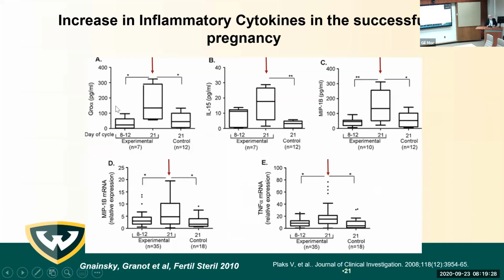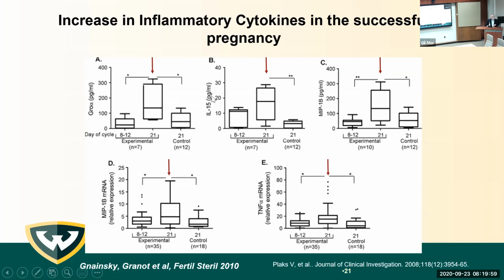And I'll give you additional information because of time. The arrows are showing you those patients who later got pregnant. So you can see that if there was a first biopsy, then in the second biopsy the characteristic of those tissues is the expression of high levels of pro-inflammatory cytokines, including growth alpha, IL-15.